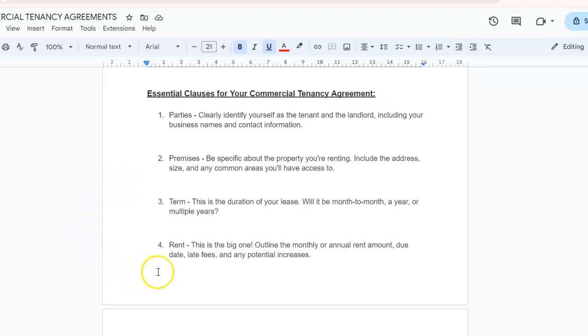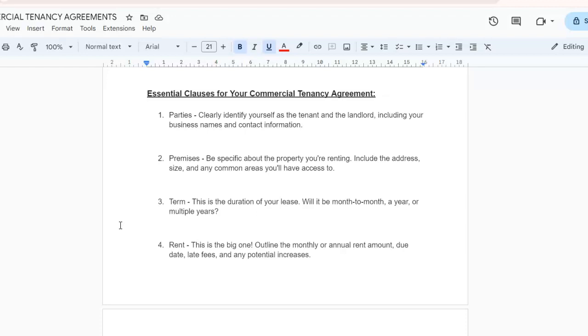Number four, it must contain a segment for rent. This is a big one. You need to include the base rent and additional charges. For instance, is there a separate charge for utilities, taxes, or common area maintenance? You need to break down all rent components and their due dates. You also need to include late fees and grace periods.